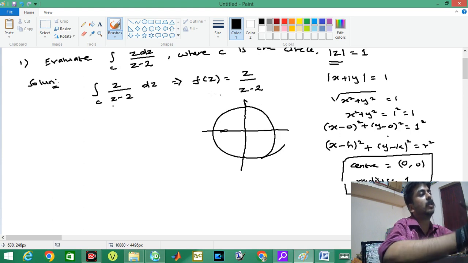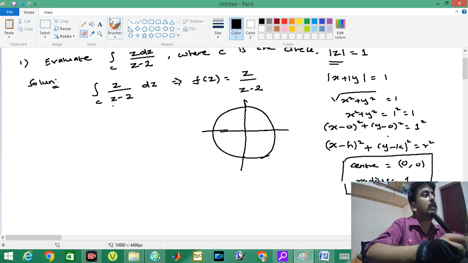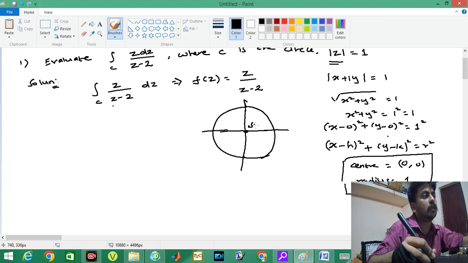Here is the center, C of 0 comma 0. If the radius is 1, then r equals 1 everywhere, which means the point on the x-axis is 1 comma 0, and the point here is minus 1 comma 0.